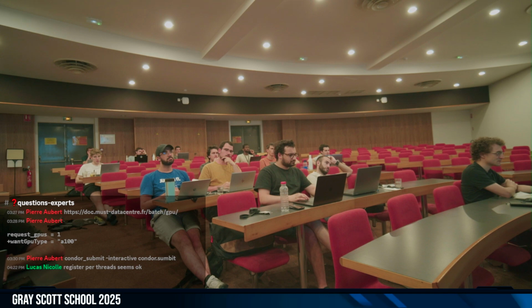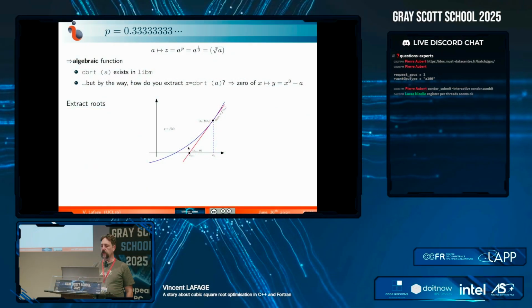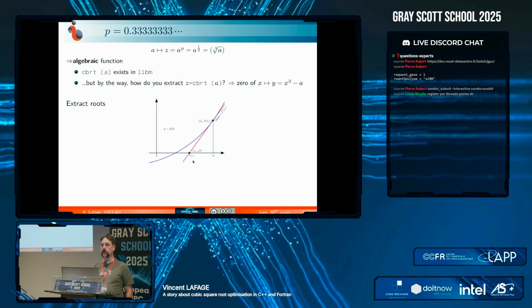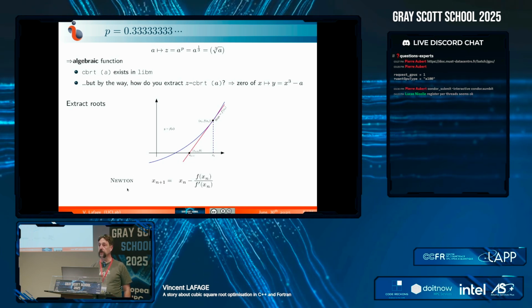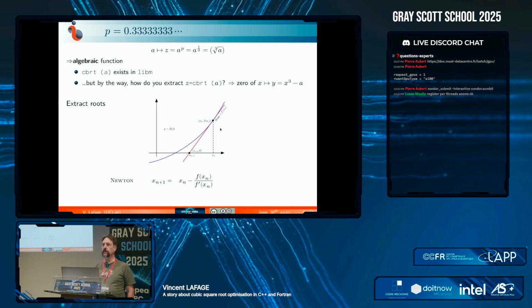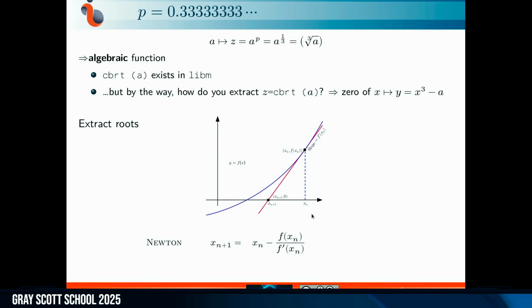So when we want to extract a root, we have some function, and we are looking for the zero of this function. And the classical method is Newton. You start with a not too bad guess of your root, and you improve your guess with these kinds of steps. And his friend Halley went further with a more complicated method.